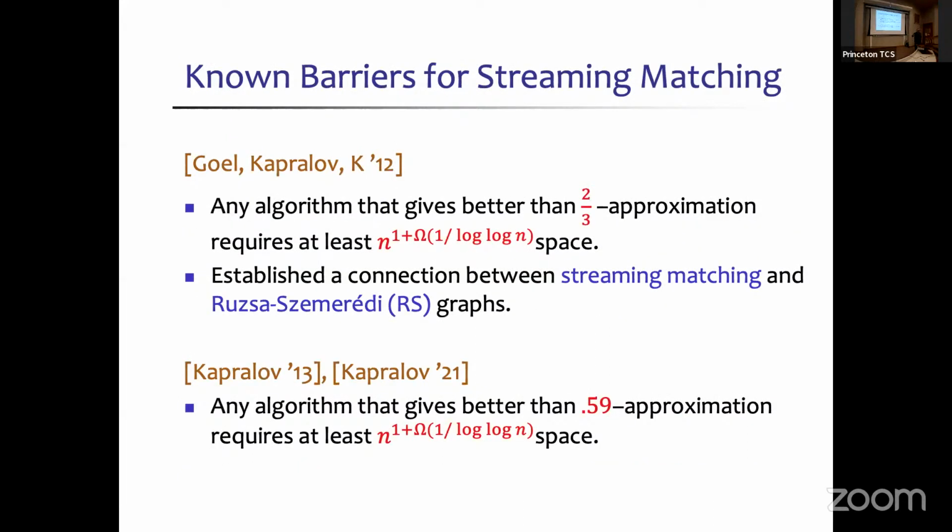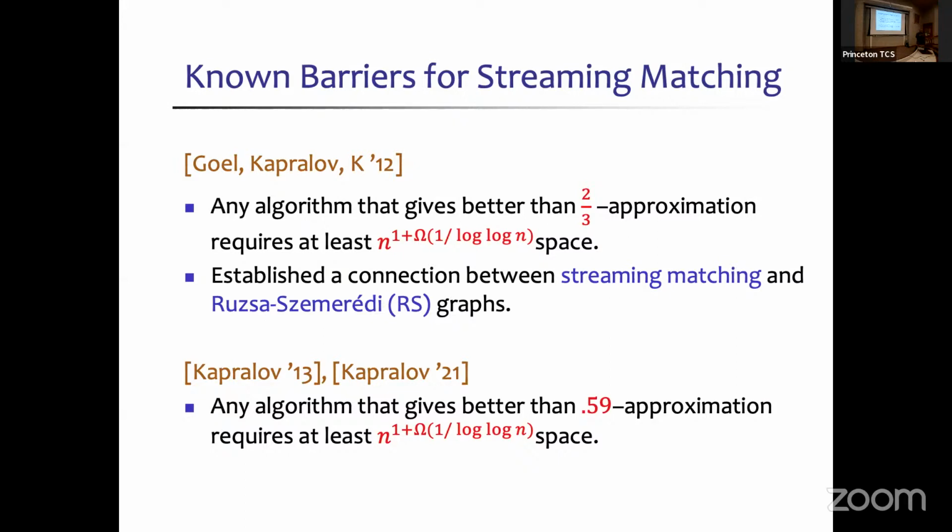Now, since this work of Feigenbaum et al., in the years that followed, some other barriers have been discovered in terms of how much space we need to compute good approximations to the matching problem in the streaming model. In particular, about 10 years ago, we discovered a connection between the problem of approximating matchings in the streaming model and a very fascinating class of graphs called the Ruzsa-Szemerédi graphs or RS graphs.